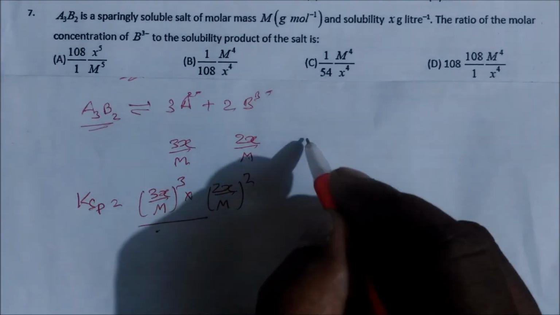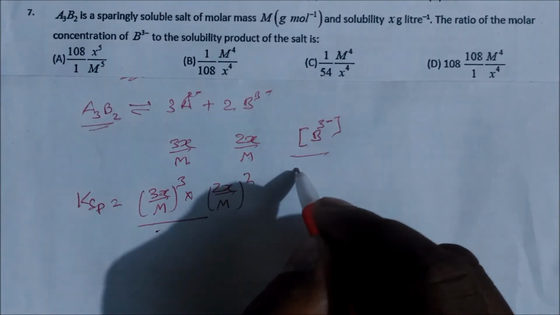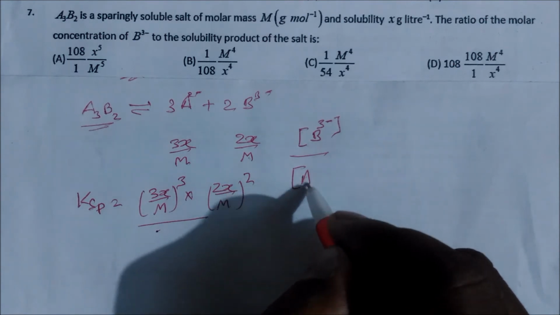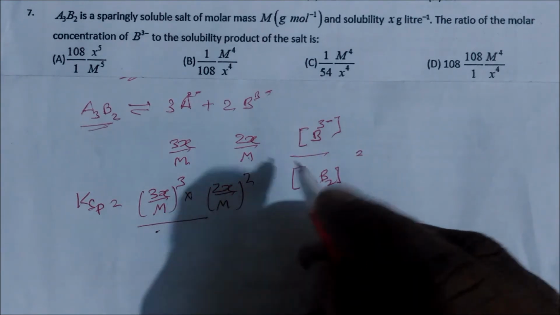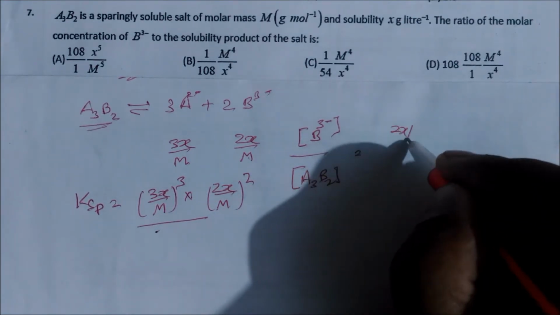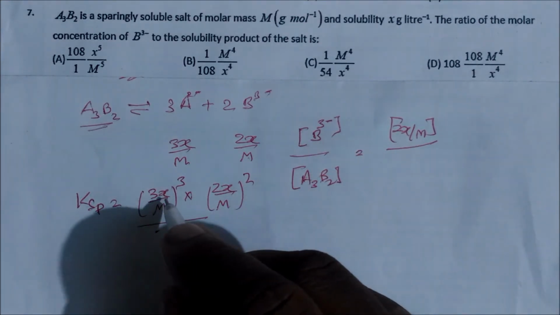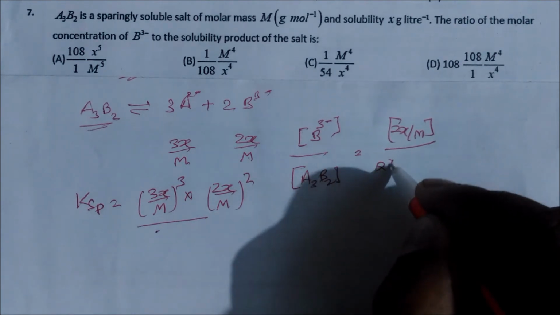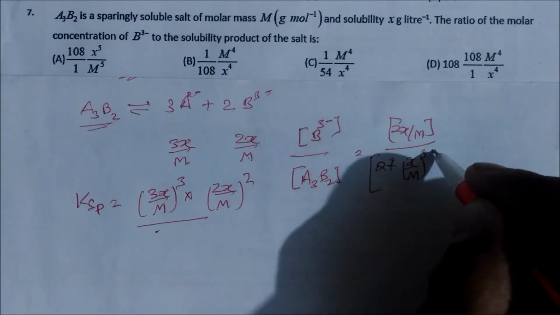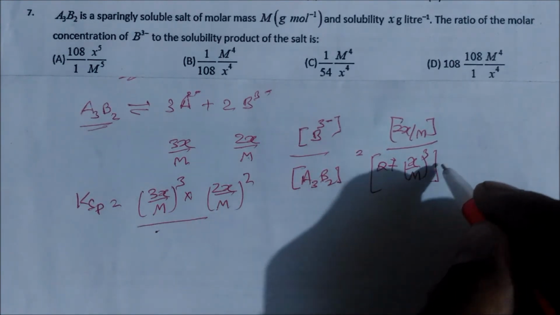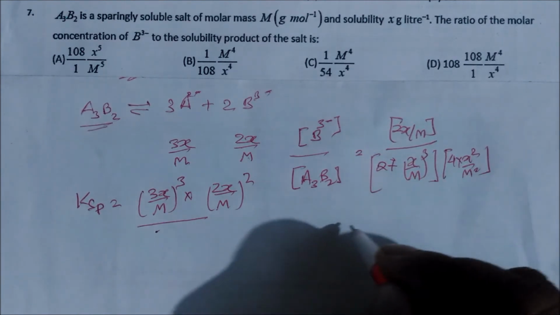The question being asked is, what is the concentration of B3 minus, divided by the solubility product of the salt, A3B2. So B3 minus is given here as 2x divided by m, and down is given here, if you solve it, 3 cube, which is 27, x by m whole cube, and next is 4 into x square by m square.